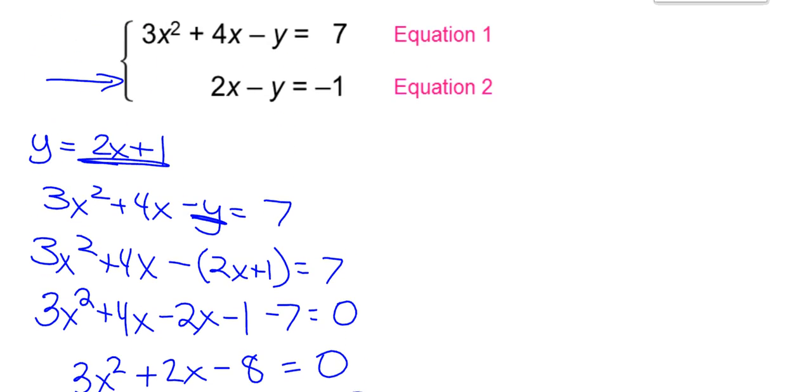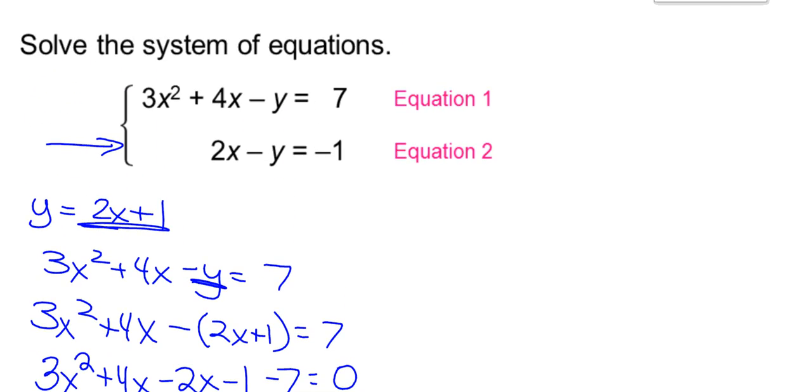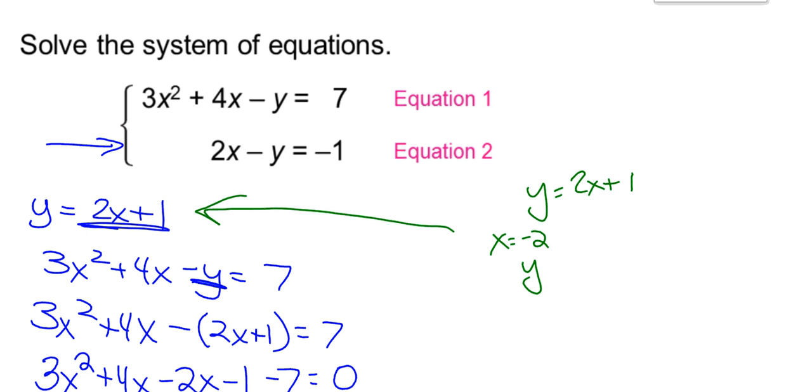Now I'm going to go back up here and just put that right in there to get my y. And so y is 2x plus 1. And when x is -2, y is 2 times -2 plus 1. So y is -4 plus 1, so -3.